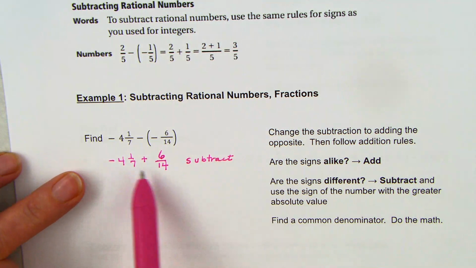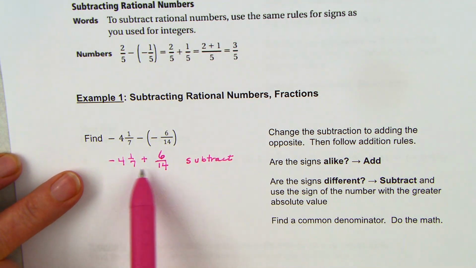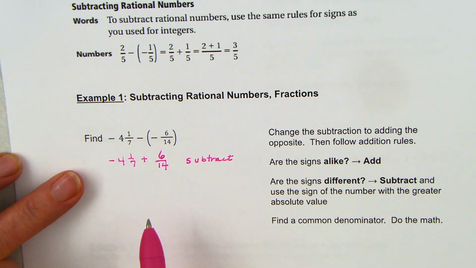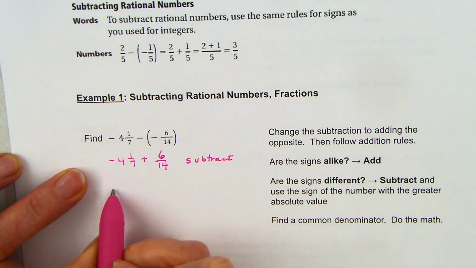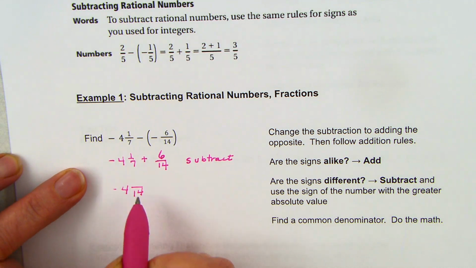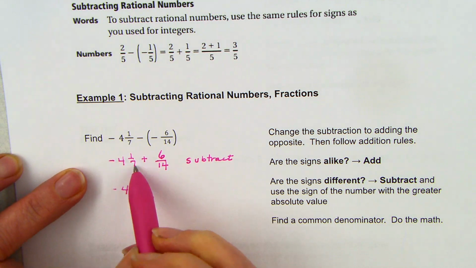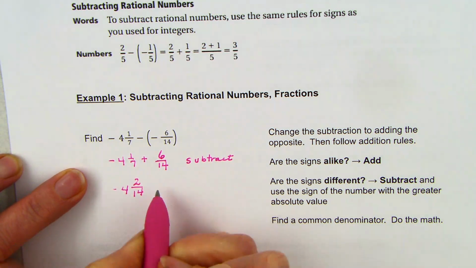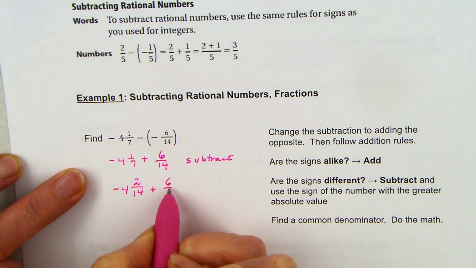And then I look at those problems and recognize that I have different denominators, so I need to find a common denominator. 7ths and 14ths will both go into 14ths, so let's use that. 7 goes into 14 2 times, and 2 times 1 is 2. 1/7 is equal to 2/14, and 6/14.